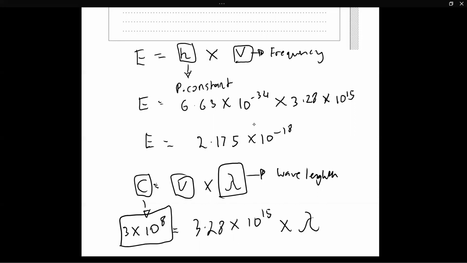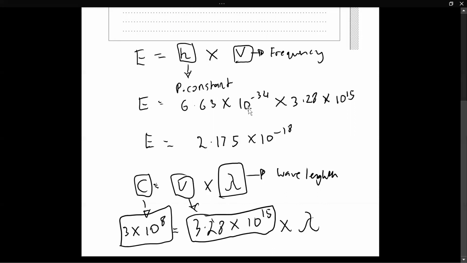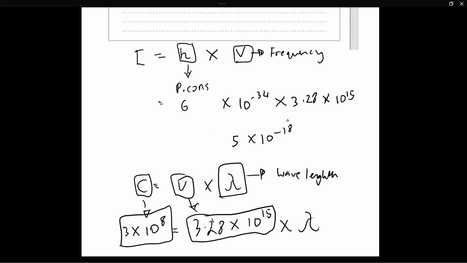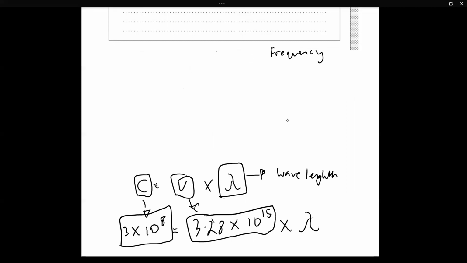Since we know the speed of light, and we know the frequency from the information given in the question, all we need to do to find the wavelength is rearrange this equation. It's very simple math. I'm just going to erase the top part a bit so that I have some more space to work it out. If you want to take a screenshot of the working I have done above, please rewind the video. We rearrange this equation to make wavelength the subject.